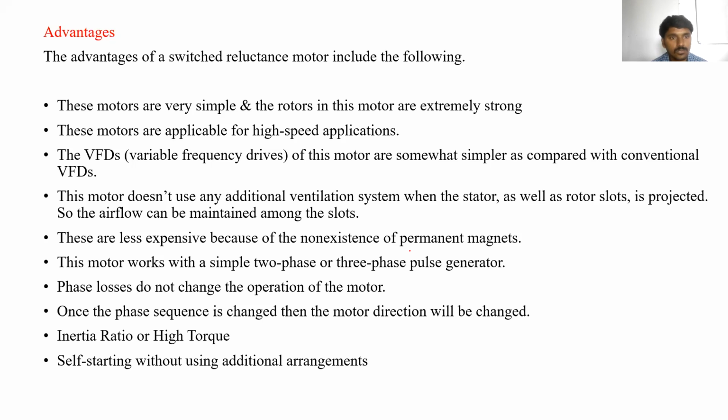So in high speed, we cannot use the brushless DC motor. But in the switched reluctance motor this is not possible. There are no magnets in the rotor, so there is no chance of them being removed. That's why we can use switched reluctance motors in high speed applications.